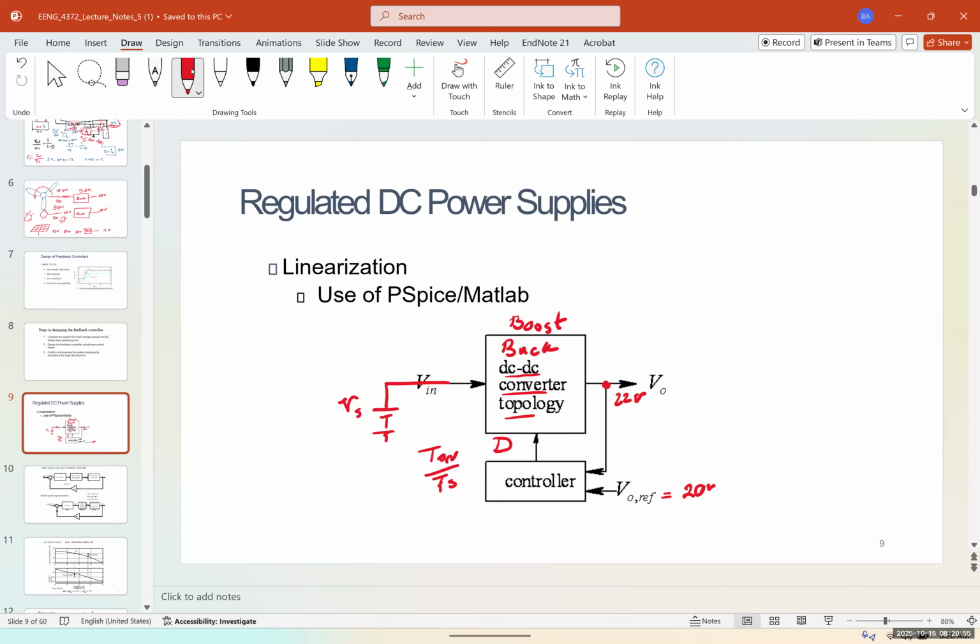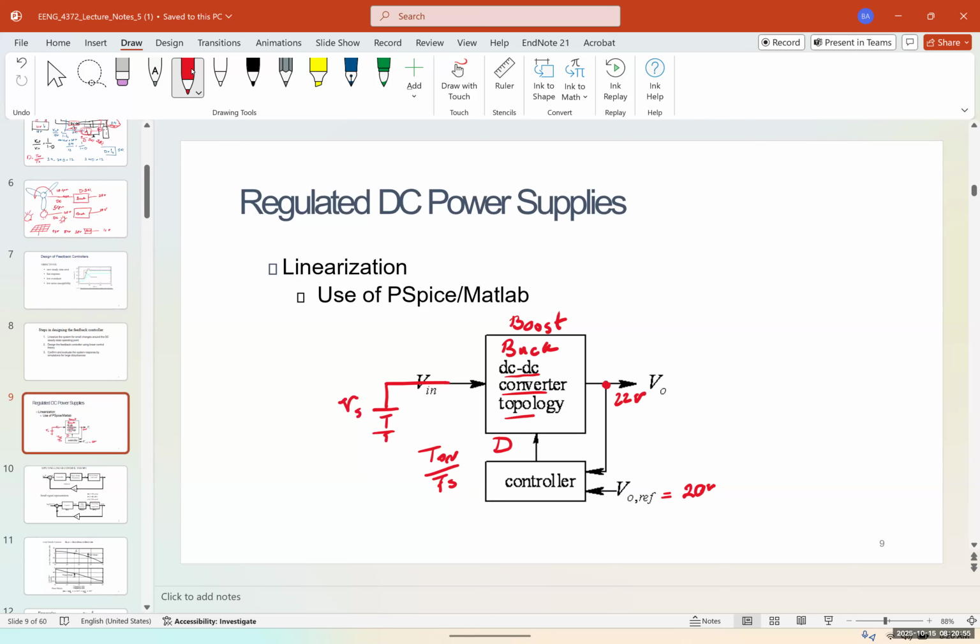Now, a zero in a transfer function T(s) is going to be 1 plus s over omega z, which is the zero. And a right-half plane zero in a transfer function T(s) is going to be, this time, 1 minus s over omega z. You can see the difference between them.